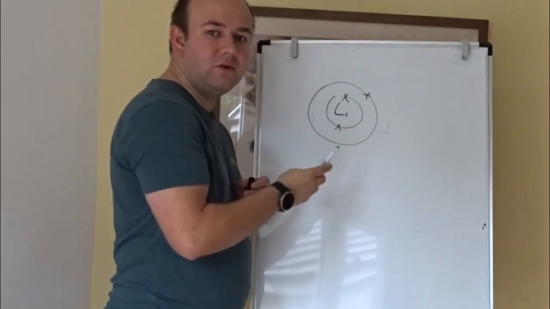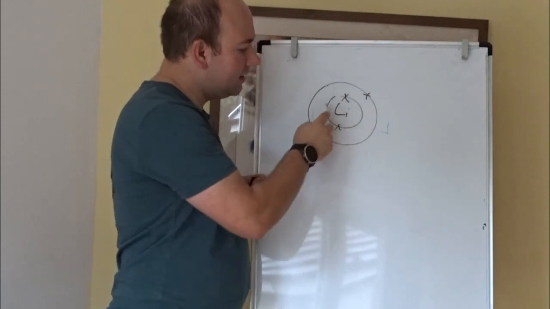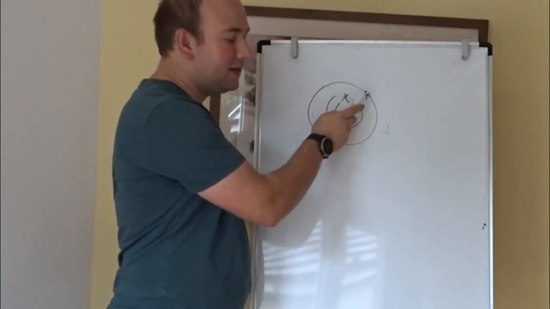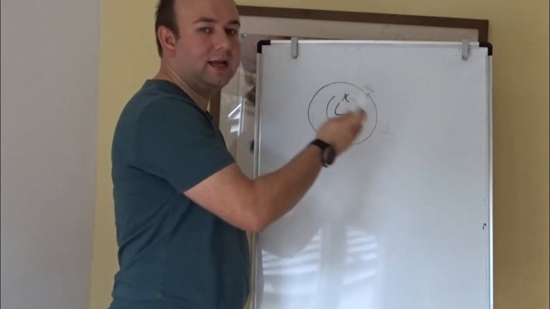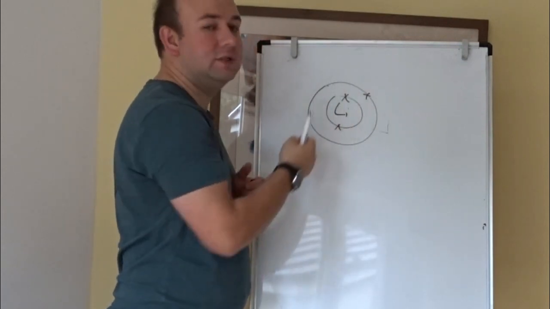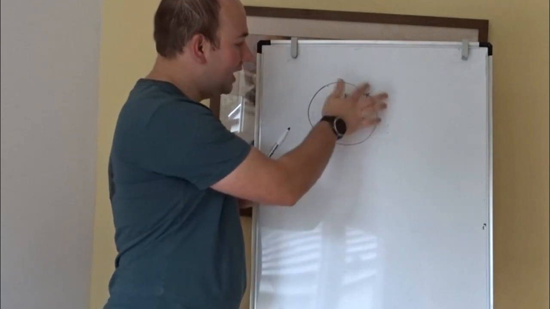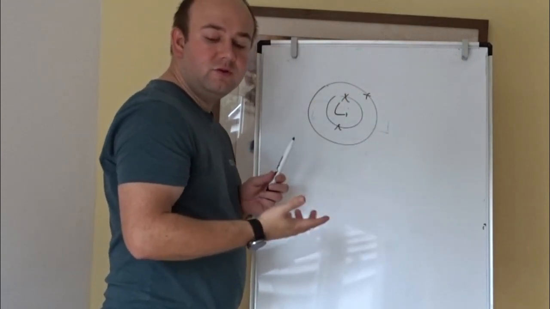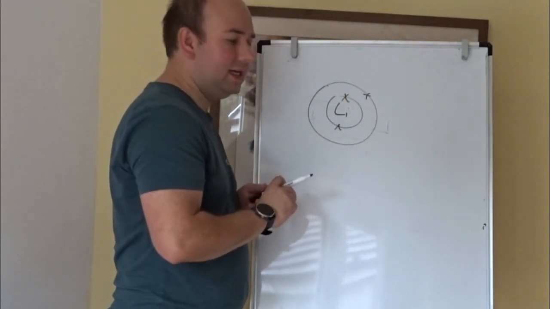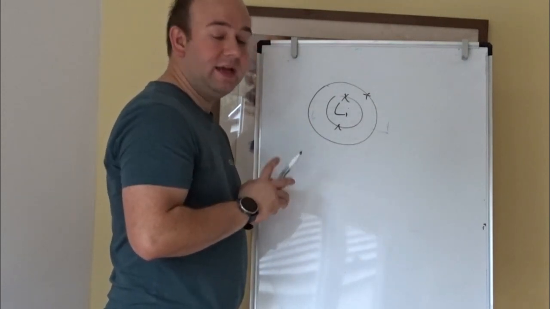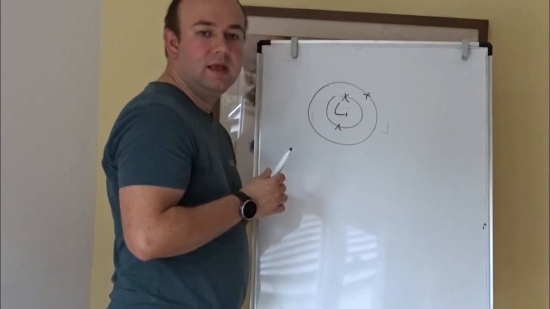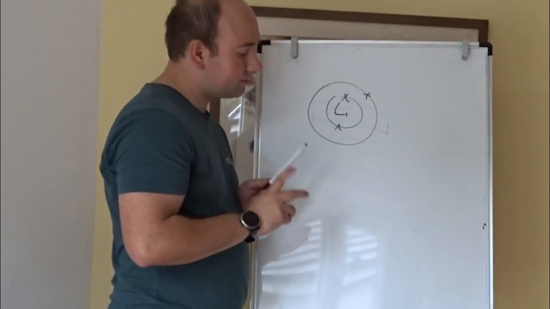Atoms like to have a full outer shell of electrons, so to make this shell full, you'd either have to take on 7 electrons or just give away 1. And giving away 1 is easier, and therefore it has a full outer shell of 2, and the shell disappears. Fluorine is the opposite, it has 7 electrons in its outer shell, therefore it likes to take on 1 to make itself complete or more chemically stable.